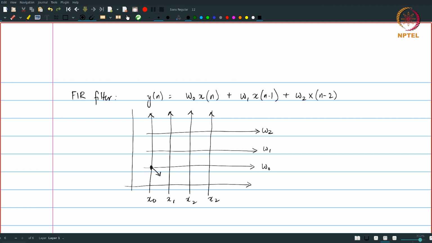The cross nodes essentially correspond to the computations, and as we saw, the dependence graph that we constructed had the y values being propagated along the bottom right direction. And so on.